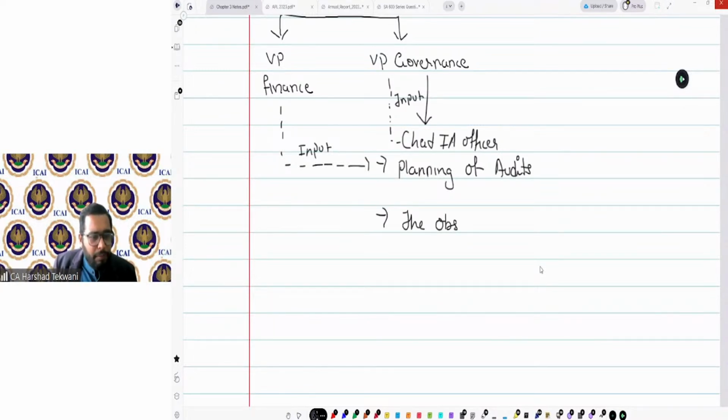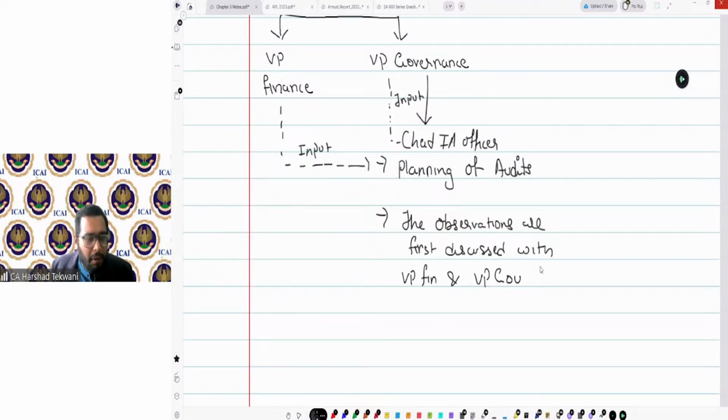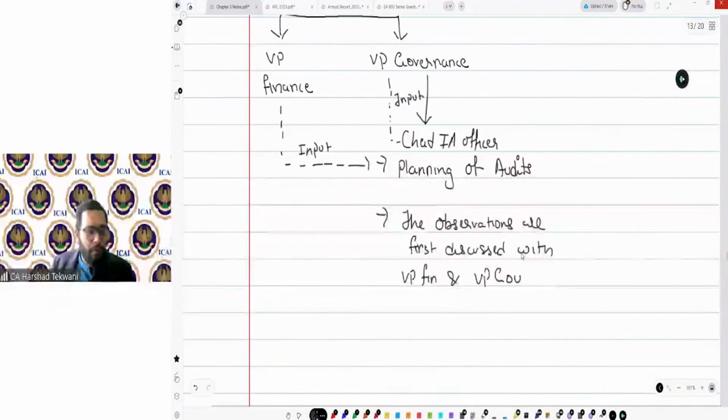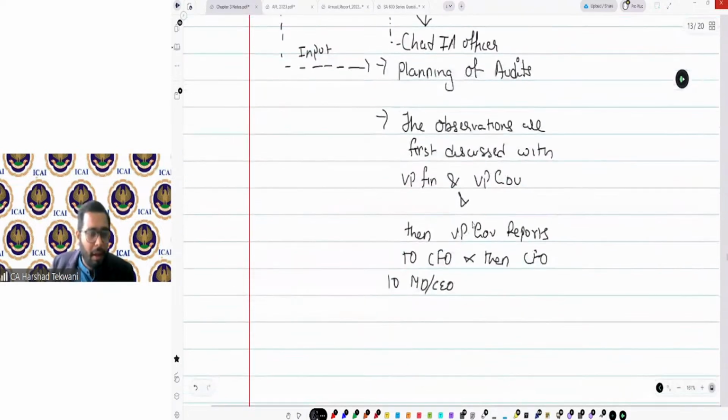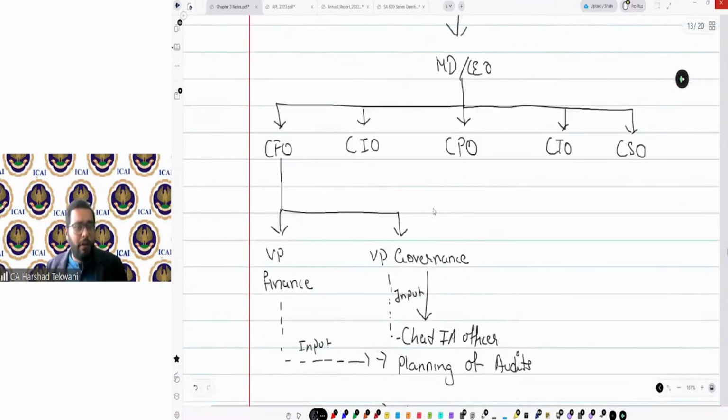The observations are first discussed with VP Finance and VP Governance, and then VP Governance reports to the CFO, then the CFO to the MD and CEO, and then the CEO to the audit committee. So this is how it works in this particular organization.